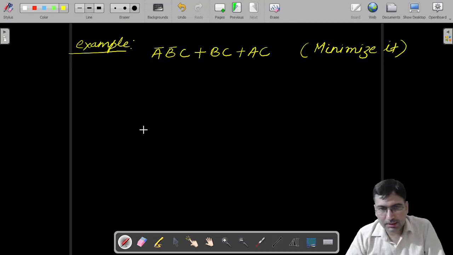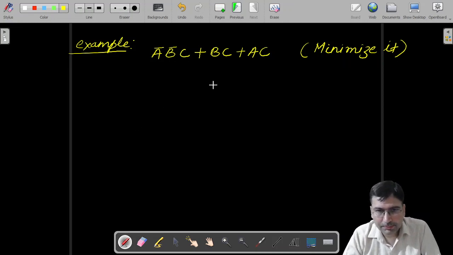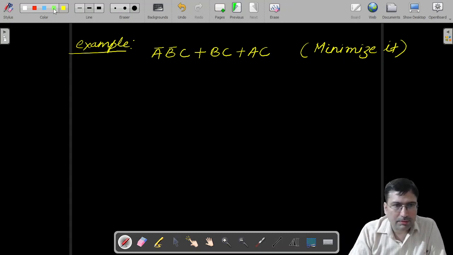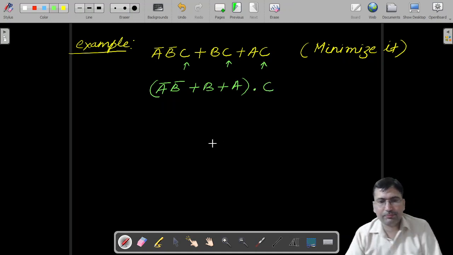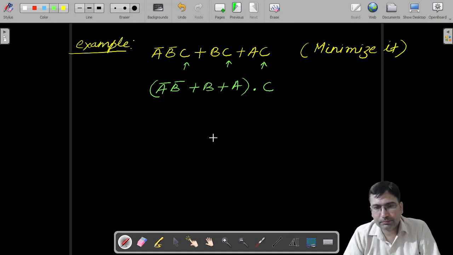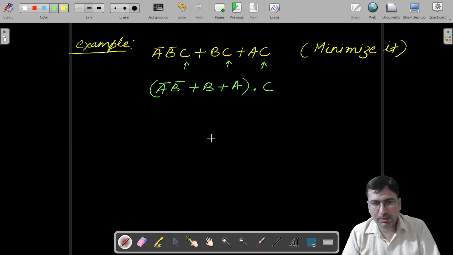With the help of Boolean algebra we can minimize it. In this, if I try to find a pattern, there is something common. This C is common, right? So we can take it out: we write (A bar B bar or B or A) and here we take C. I guess there should not be any problem in this.